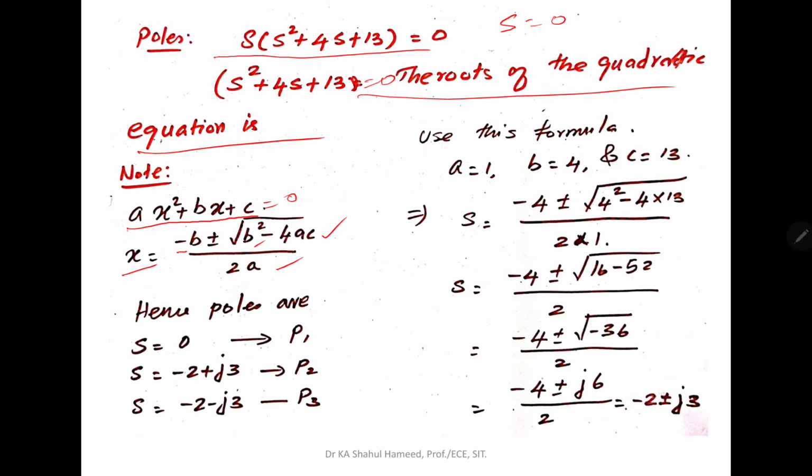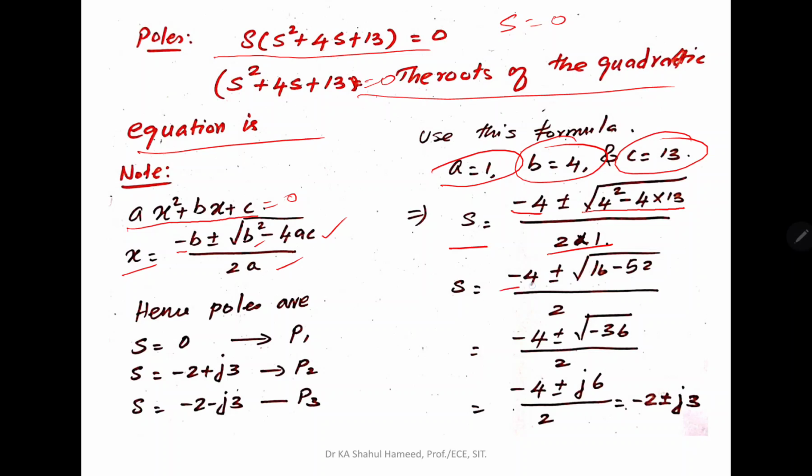Now we are going to use this formula. Here a value is 1, b value is 4 and c value is 13. Substituting, s is equal to minus 4 plus or minus square root of 4 square minus 4 into 13, divided by 2 into 1.